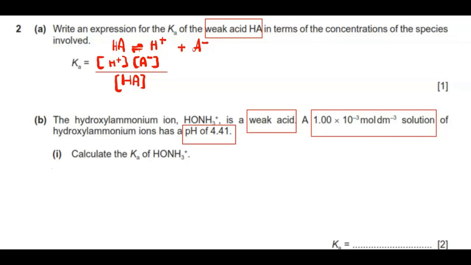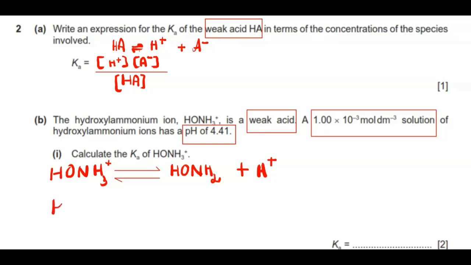For this, you need to write the ionization of HONH3 plus, which changes to HONH2 plus H plus. So what is the expression for Ka?